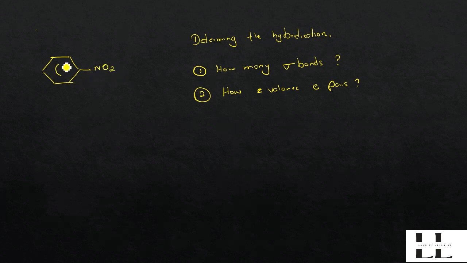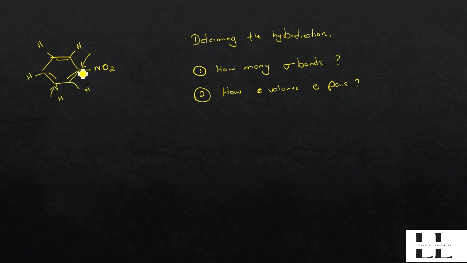I will represent it like this: 1, 2, and 3. I have been asked, what is the hybridization of this carbon and this carbon? You have to have a very clear idea. Even though we are not representing the hydrogen atoms here, there is a hydrogen atom for each carbon in the aromatic ring.